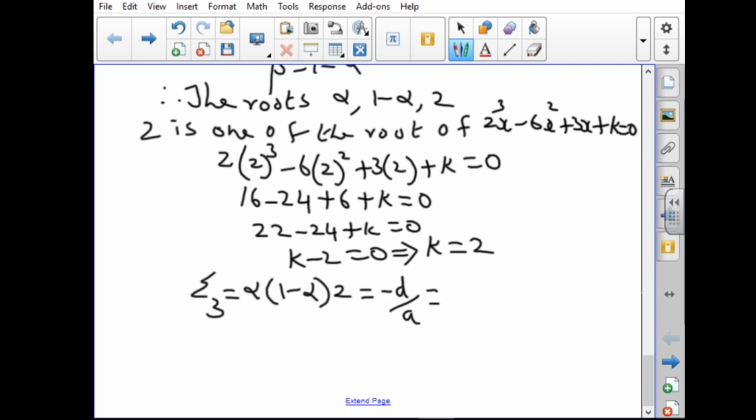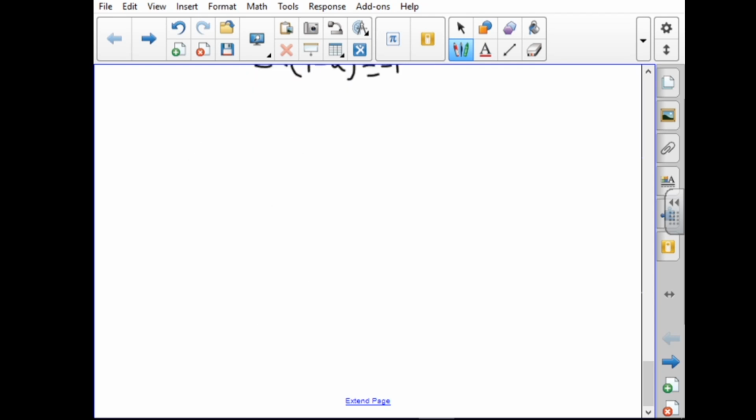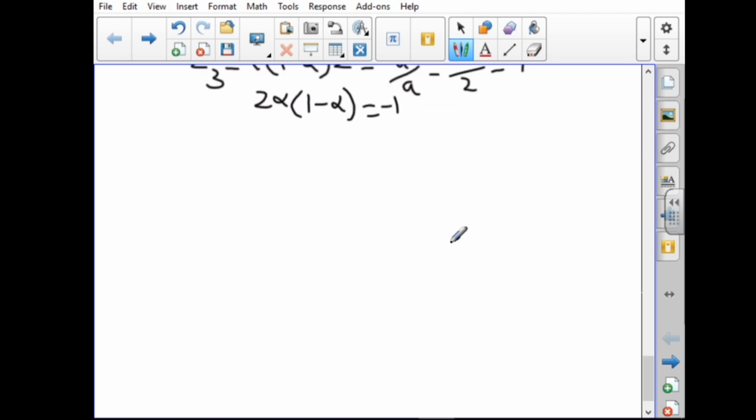So d here is 2, that is k is 2, therefore d is 2. So minus 2 by 2, which is equal to minus 1. So from this we get 2 alpha into 1 minus alpha is equal to minus 1.